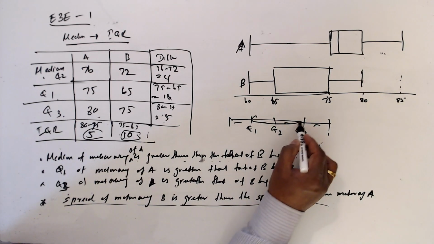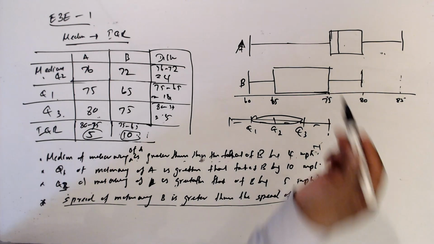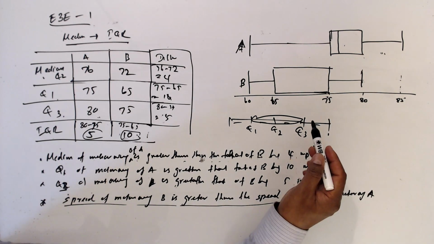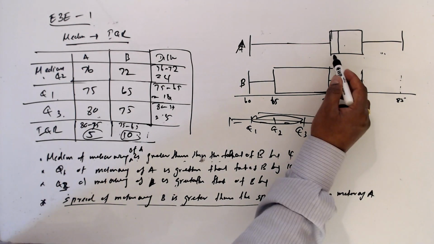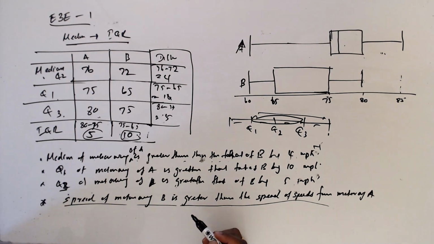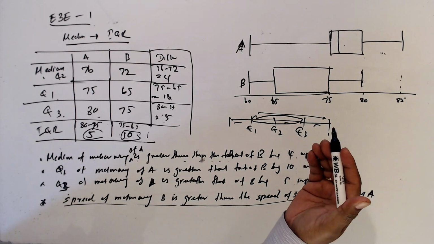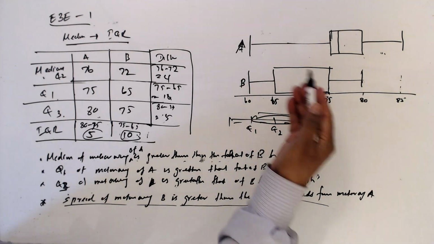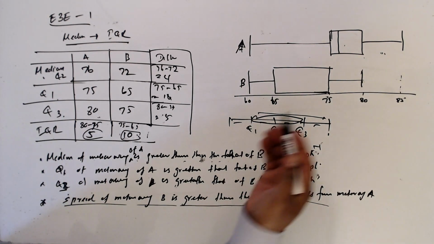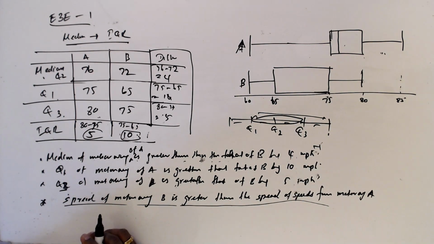Here we can see that 3 pieces are more than 75, 3 out of 4 data, and here 3 out of 4 data is less than 75. So we can tell that the cars driving on motorway A have more overall speed than B.